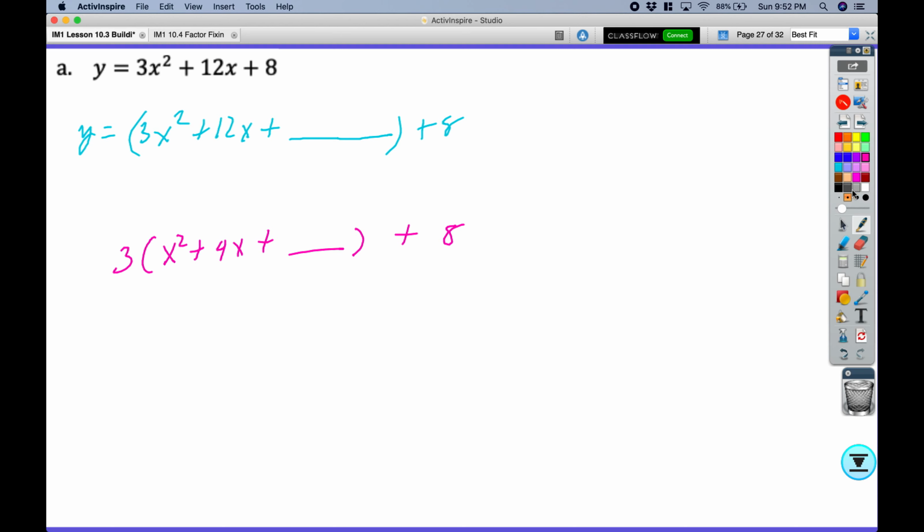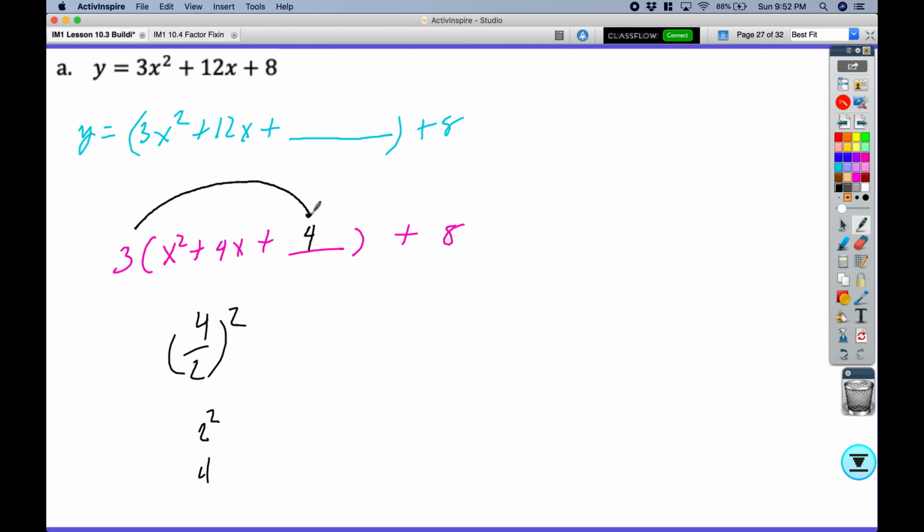My mystery c value, remember, is just take 4 divided by 2 and square it, which would be 2 squared, which is 4. So I have a 4 here. And remember, you need to figure out, am I just going to subtract 4? Remember, you added 4, so you need to do the same over here. But you need to double check: did I just add a 4? Well, no, because I have this coefficient of 3. So what number did I actually add in there?